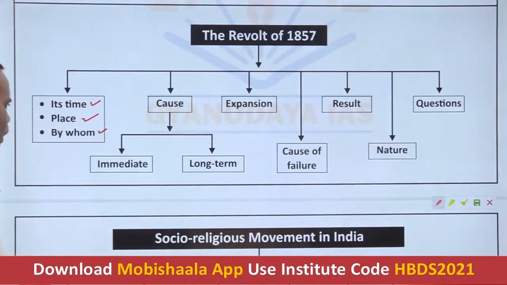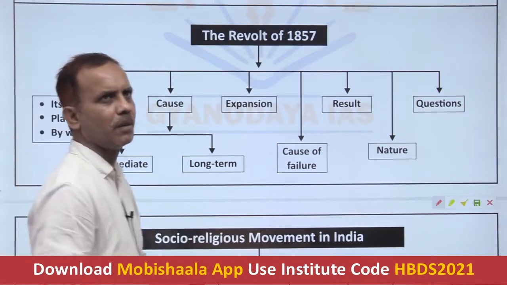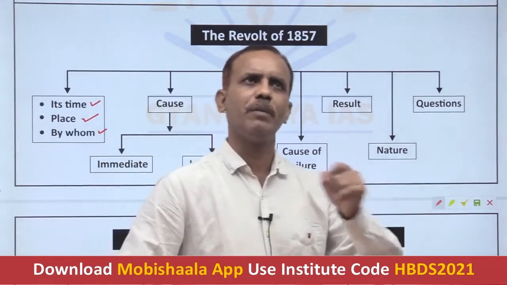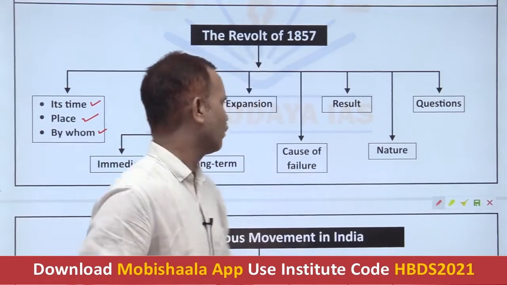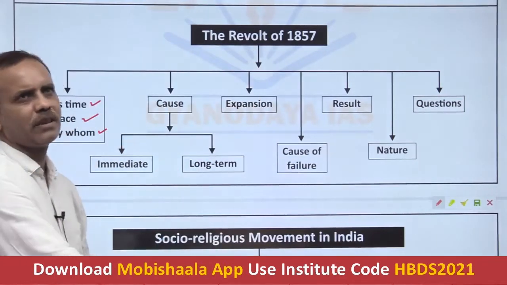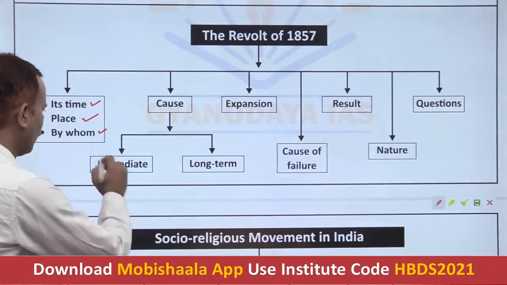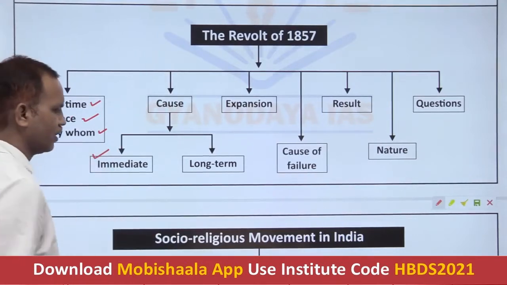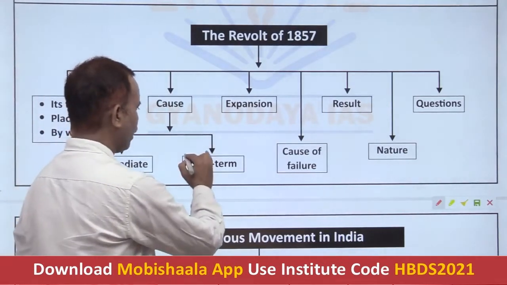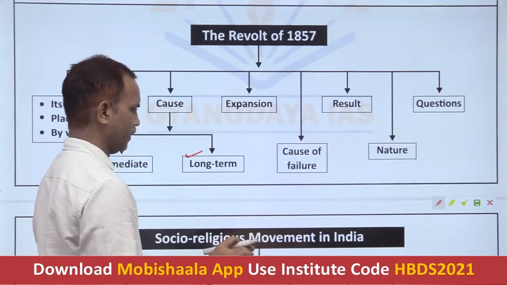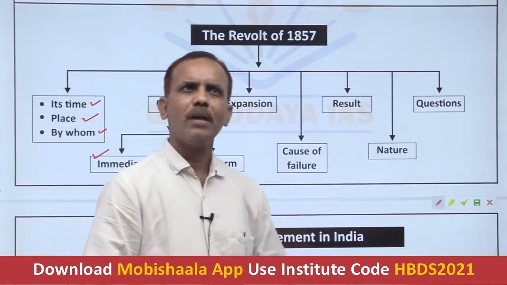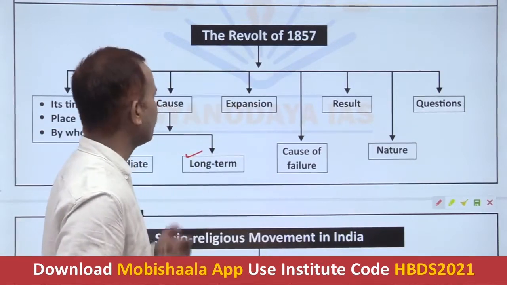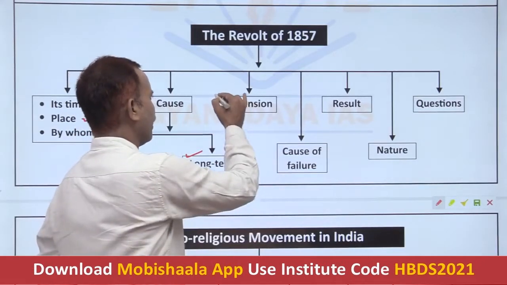Then we have to discuss the basic causes behind the emergence of the revolt. And I have classified the basic causes into two parts. One is immediate cause and second is long-term causes. Then we have to also study the expansion of the revolt.